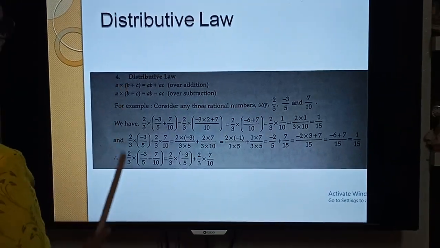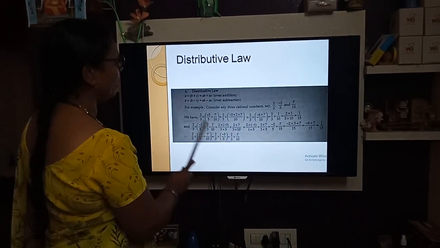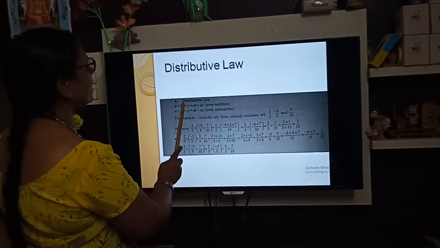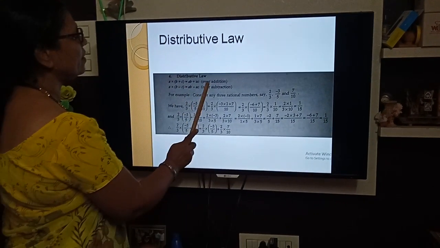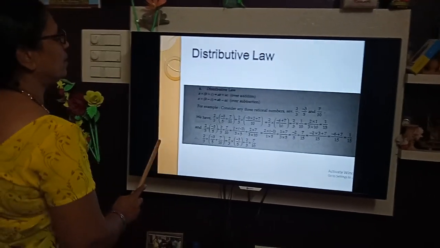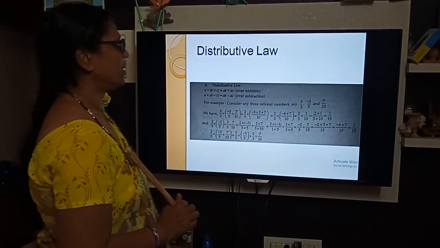Means A into (B plus C) is equal to A into B plus A into C. Hence it is satisfied with distributive law, satisfied over addition. Means distributive law of multiplication over addition is satisfied with rational numbers.